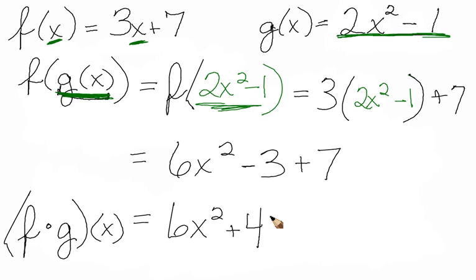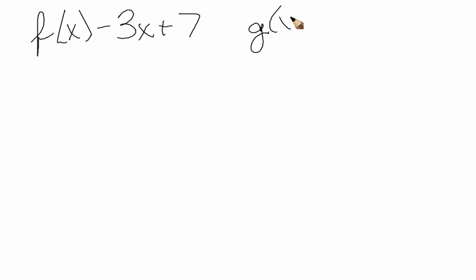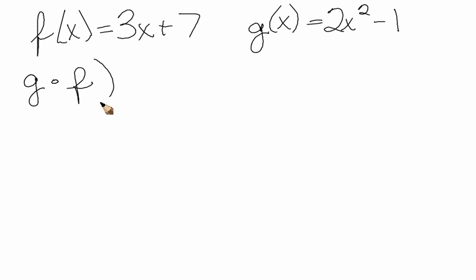All right, great. Let's try to compose these functions the other way. I'm going to go ahead and clear everything and rewrite 3x plus 7, 2x squared minus 1. Okay, f of x was 3x plus 7, and g of x was 2x squared minus 1. All right. Okay, so we want to compose them the other way. So this time we're going to do g composed with f instead of f composed with g of x.